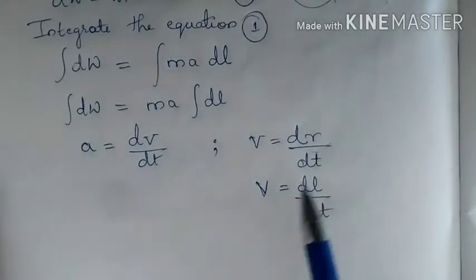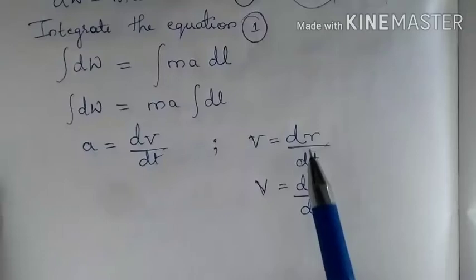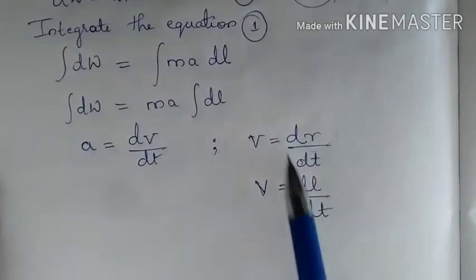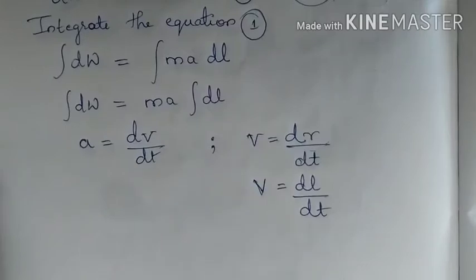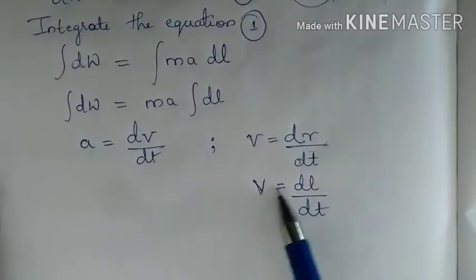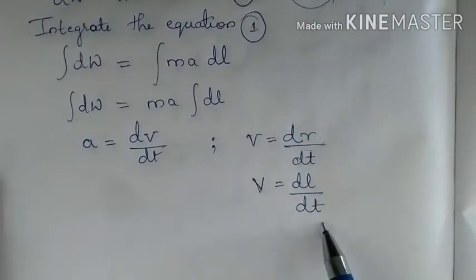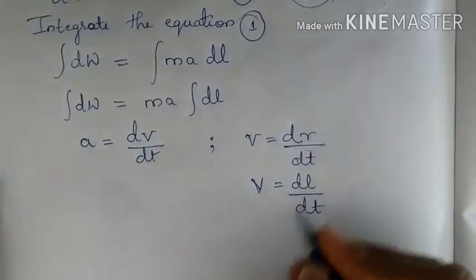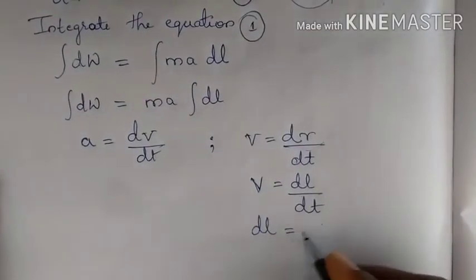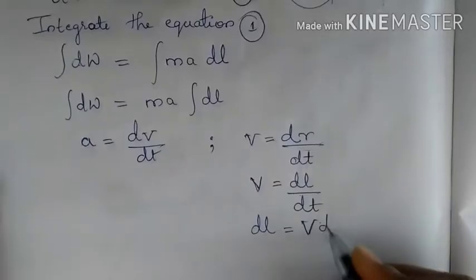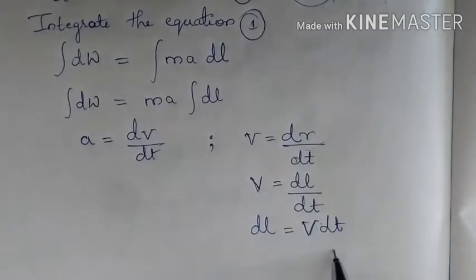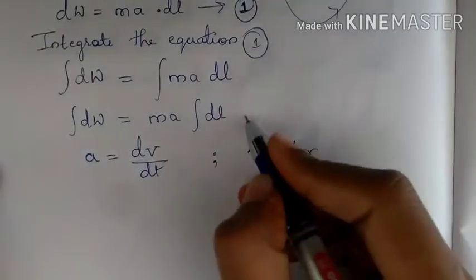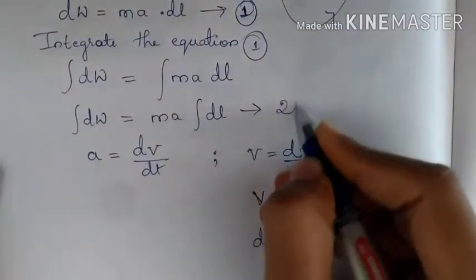I have just written it in terms of L. So velocity is the rate of change of displacement with respect to time, V is equal to dl by dt. I can also write dl is equal to V dt. Let us call this equation number 2.